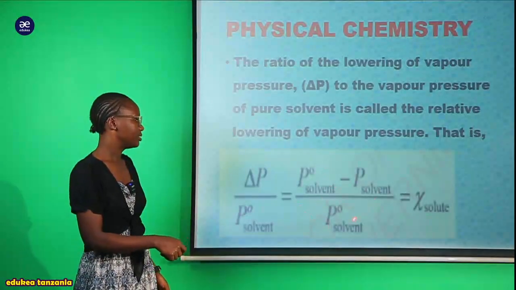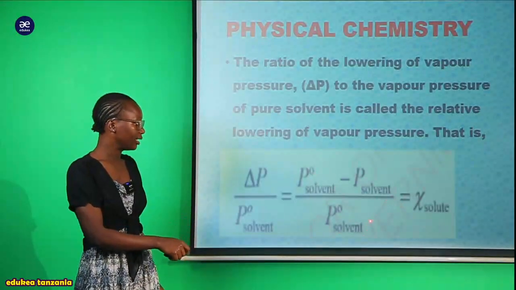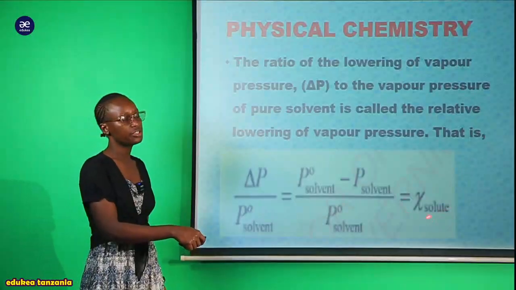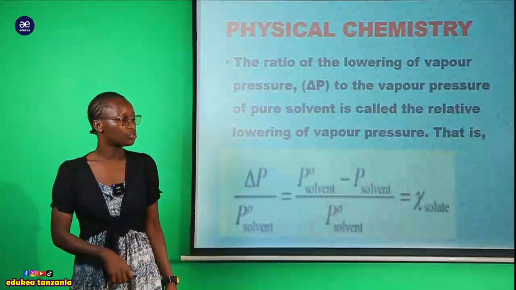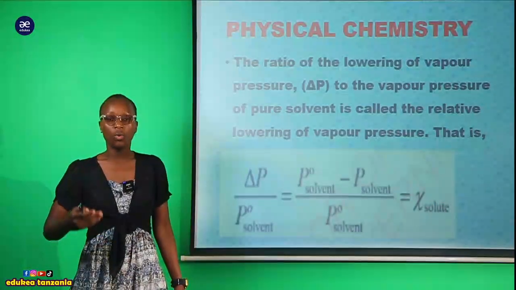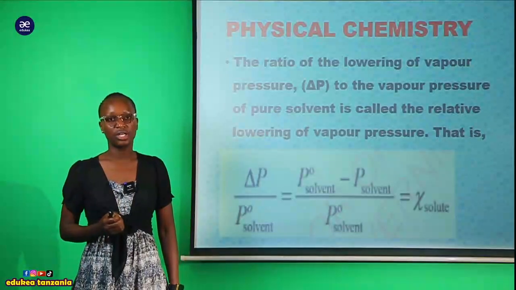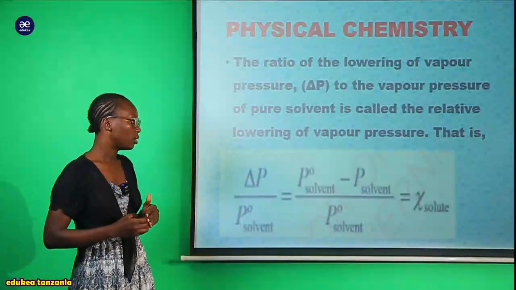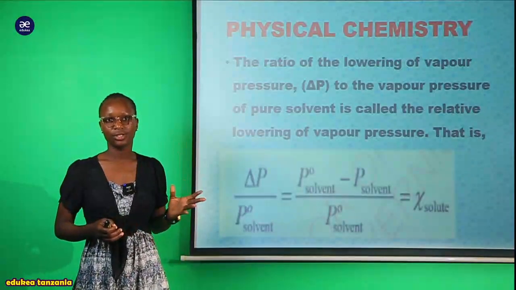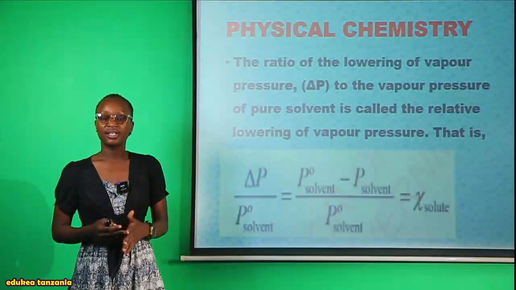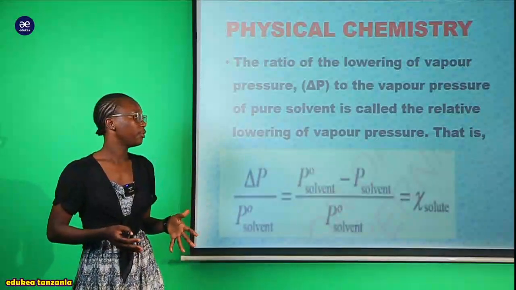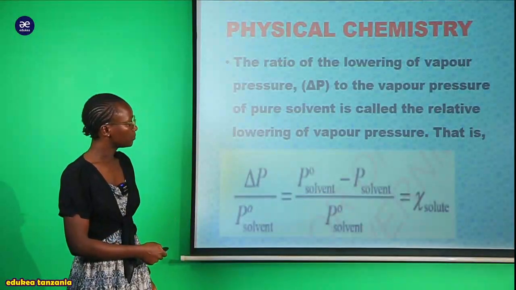But all of this is equal to the mole fraction of the solute. I hope when I'm talking about mole fraction you know what I'm talking about, because we studied it in the previous concepts. So here we integrate what we studied, from simple to complex.